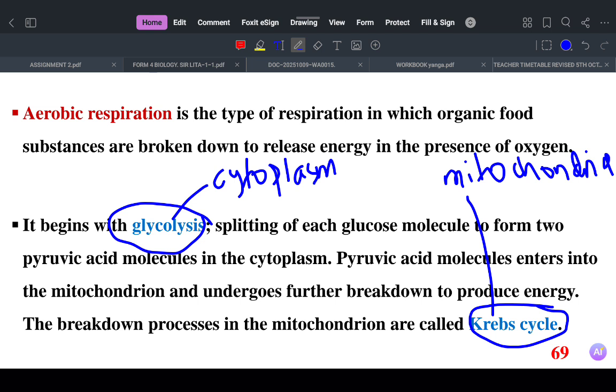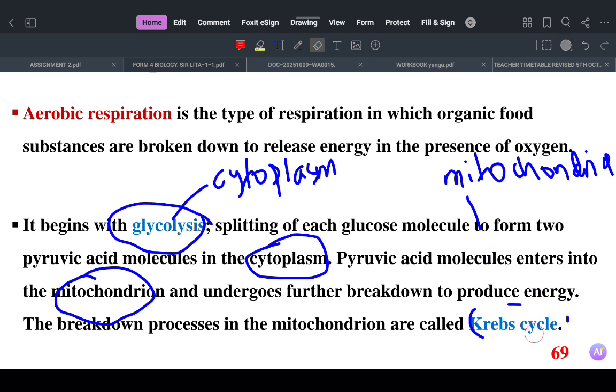Glycolysis is when each glucose molecule is broken down into two pyruvic acid molecules, and takes place in the cytoplasm. All right. While the breaking down of pyruvic acid molecules takes place in the cell mitochondrion, and it is done by a series of processes which is called the Krebs cycle. I hope we are together there.